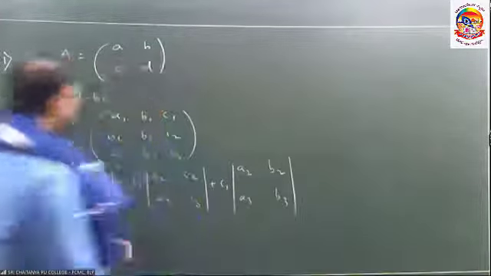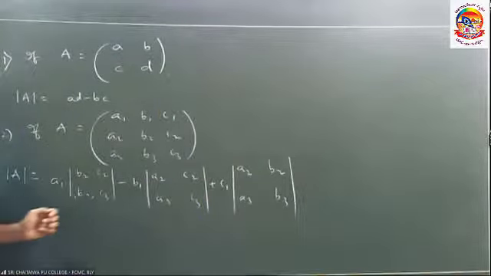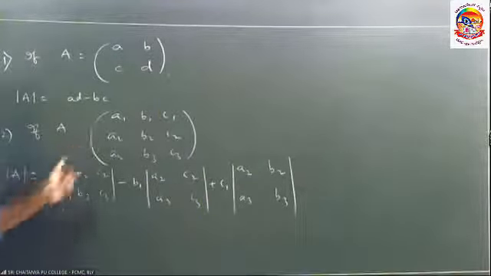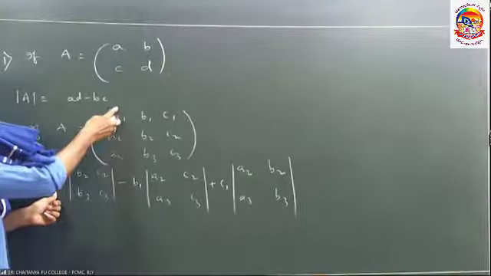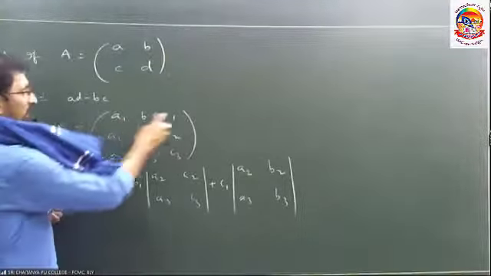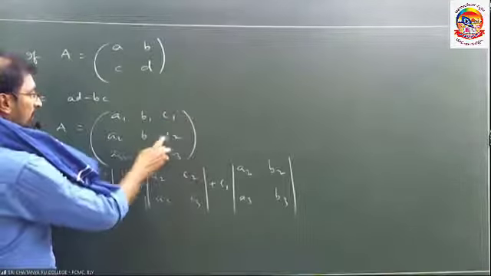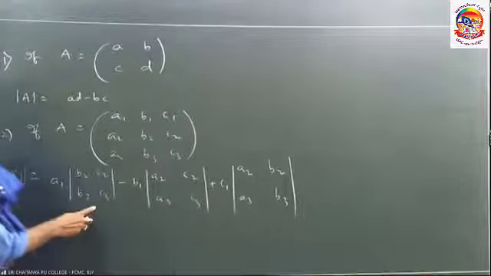Observe once again. The first one is positive: a1 into plus a1. Exclude this column and this row, you are going to get b2, c2, b3, c3.